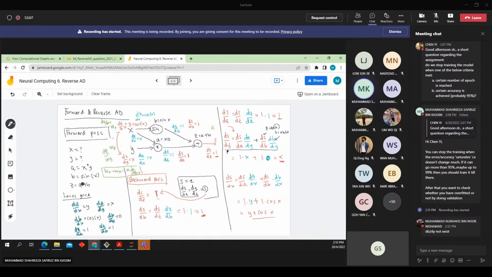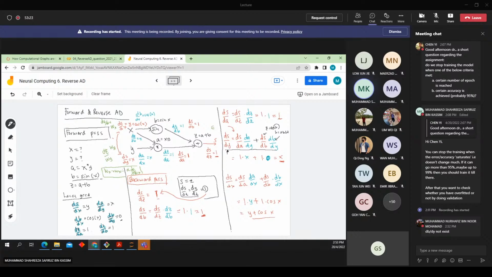But in effect, because of our equation, this is 1 times 0, because we have 0 over here. So it becomes 0, because B is only a function of x, not a function of y.